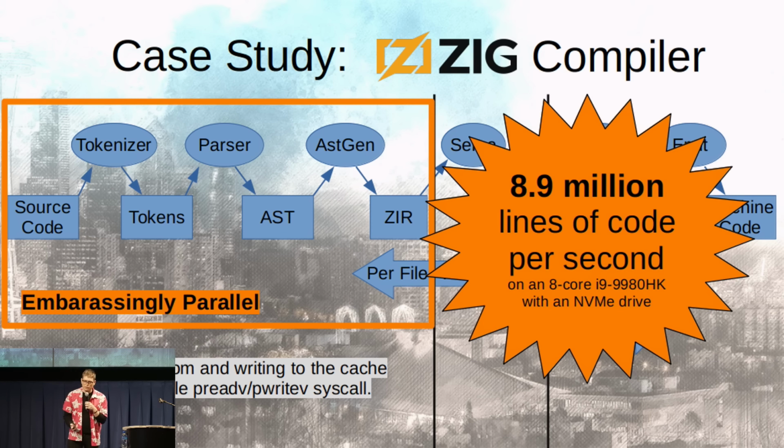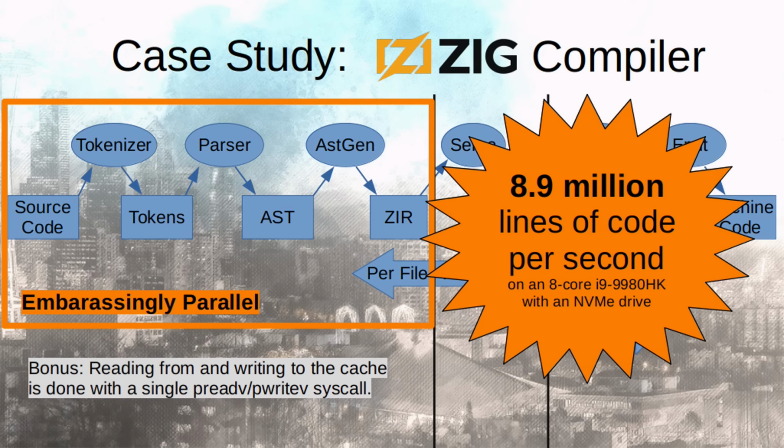And as a bonus, the ZIR, the output of this part of the pipeline, is now only 4 arrays. It's a tag, it's a data array, and then an extra array, and then there's a string table. It's arrays. That's it. It's stupidly easy to save and load that from disk.